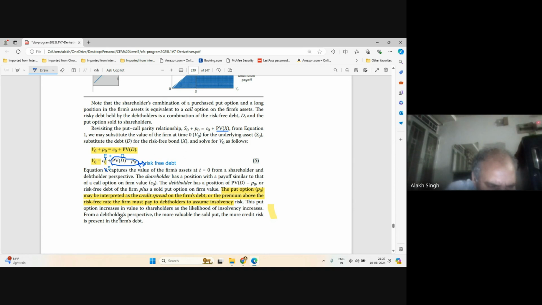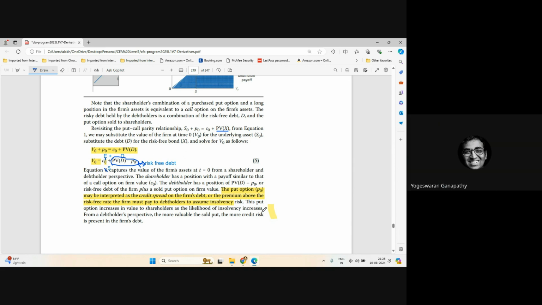Now, this put option increases in value to shareholders as the likelihood of insolvency increases. Who gains? When the likelihood of insolvency increases, meaning the company is doing badly, the put premium increases for shareholders.